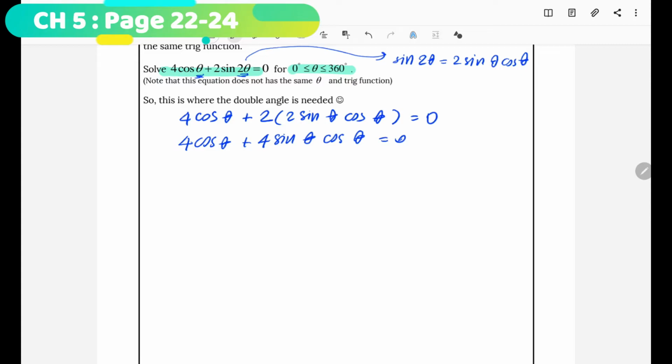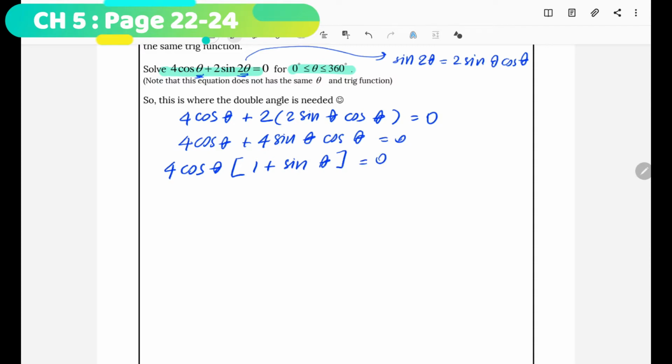It's just a cos dekat sini. So saya boleh faktorkan 4. So both ada 4 dan both juga ada cos. So 4 cos theta times dengan 1 plus sin theta equal to 0, sudah keluar 4 dan juga cos theta.